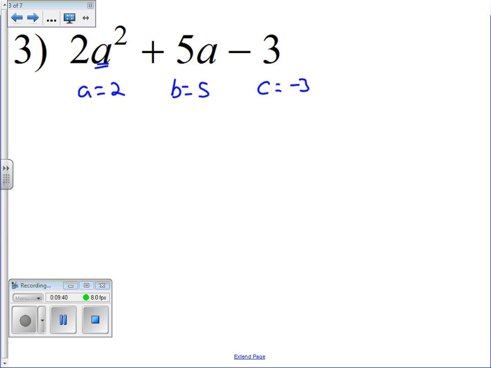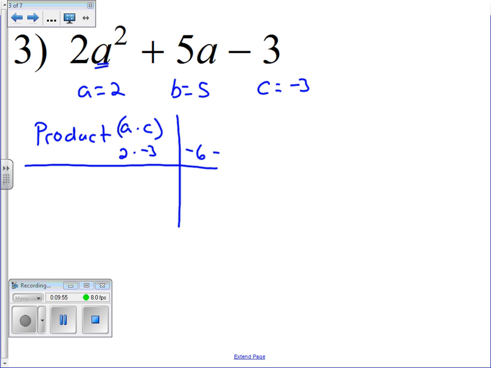So product sum, I am going to multiply a times c, which is going to give me 2 times negative 3. So I'm looking for two numbers that multiply to give me negative 6, but their sum is going to be b, which is equal to 5.